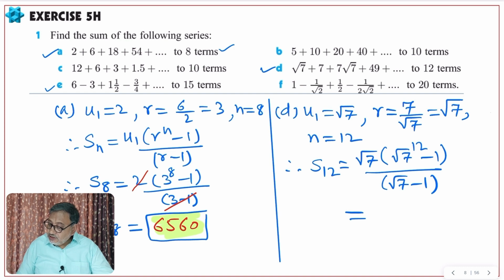So the answer is 189133. We will write 3 significant figures. So S12 is 189133.8917 is the answer, but we will write 189000, the 3 significant figures, right?